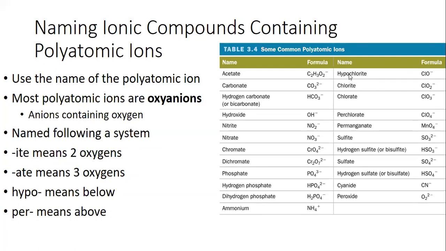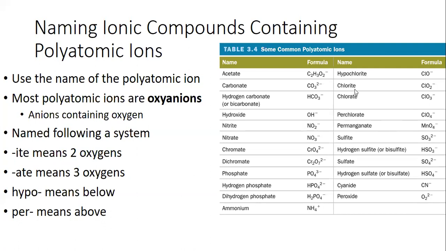Their naming scheme goes: the one with the lowest oxygen, we call hypochlorite. Hypo means below, right? A hypodermic needle is a needle that goes below your skin. So the word hypochlorite means I have fewer oxygens than chlorite.